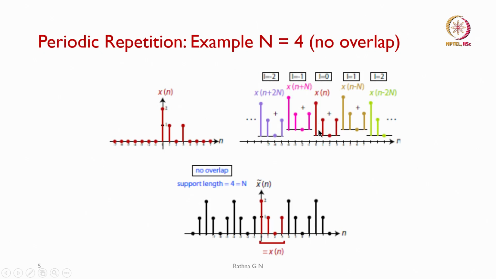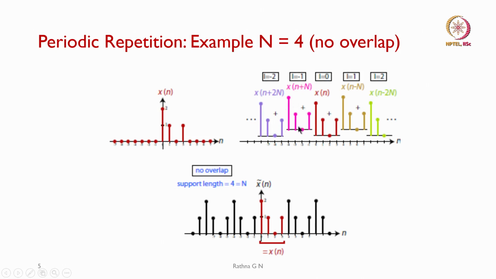We know that we have 4 samples here, then this is our x of n. At l equal to 1 it is going to be x of n minus N, that is we are repeating the 4 samples. Same thing at l equal to 2, we will be repeating x of n minus 2N, and so on. And then what happens on the negative side of it? At l equal to minus 1, it is going to be x of n plus N actually.